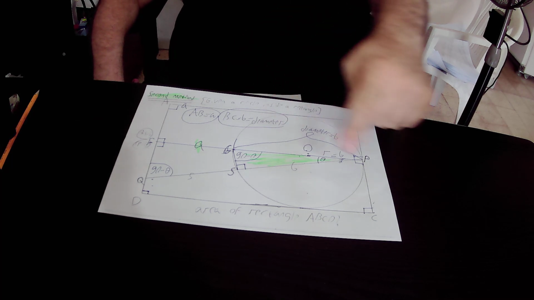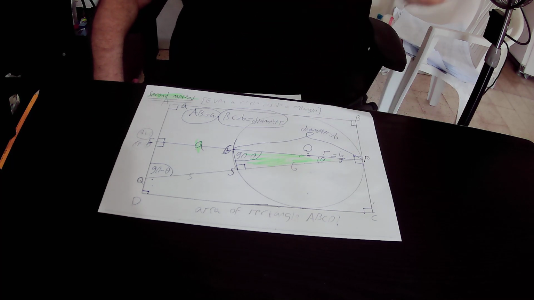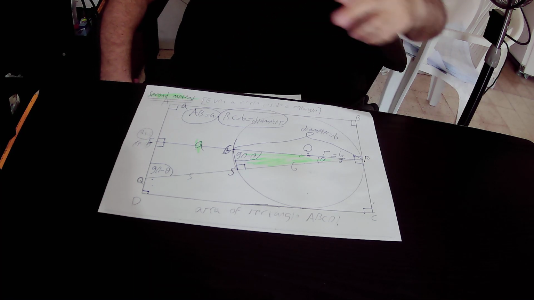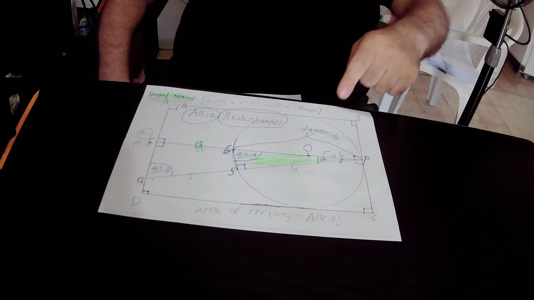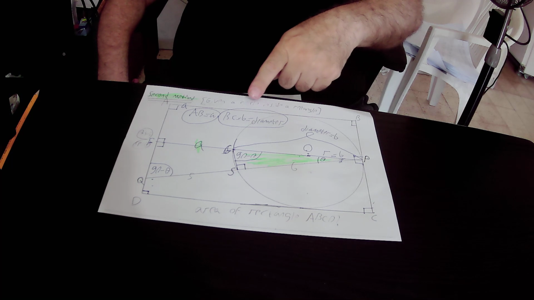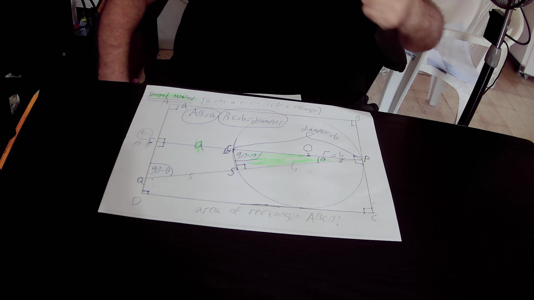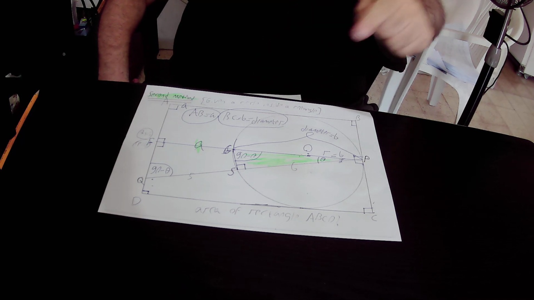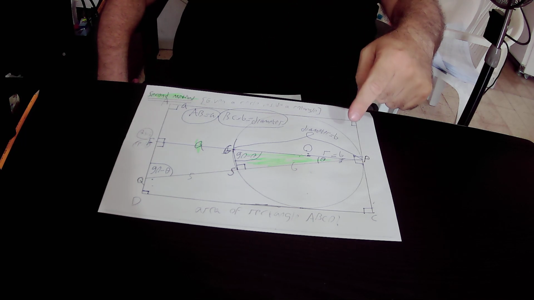All the angles inside the rectangle are right angles. AB equals a and BC equals b according to our definition, and BC is also the diameter. So if the radius is R and BC, which equals b, is the diameter, it means that the radius will be half of the diameter, that is to say R equals b over 2.